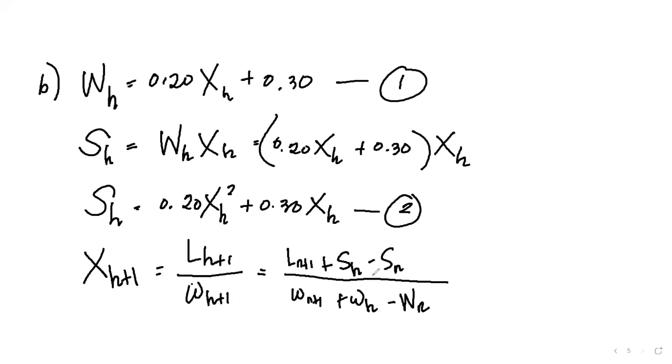So for now, I don't have yet all the values that I'm going to place here, but we'll just cross out what we don't have. So this one is 0. Okay, we don't have any solute in our solvent entering the last thickener. So this would be simplified in the form S sub H minus S sub n over W sub n plus 1 plus W sub H minus capital W sub n.